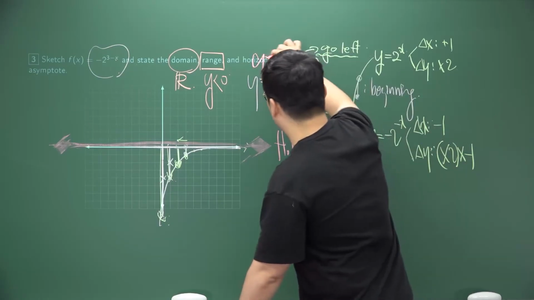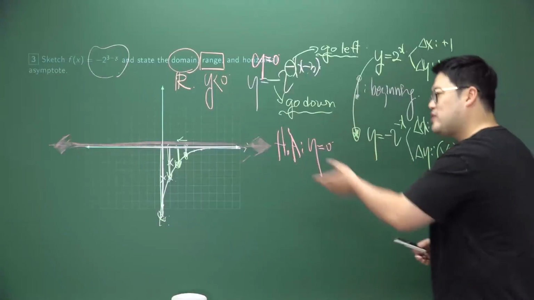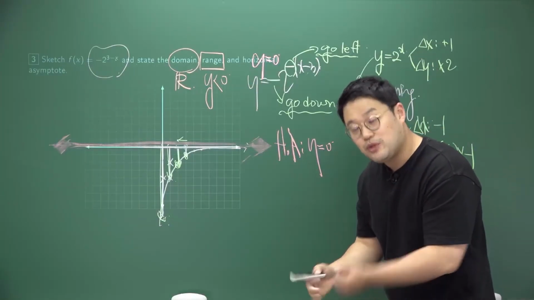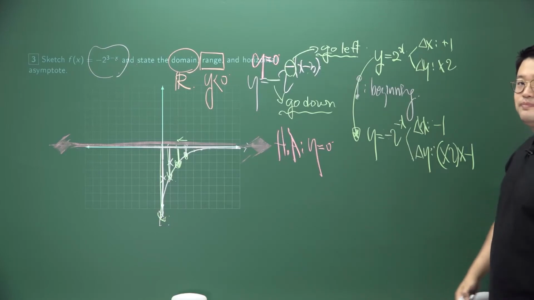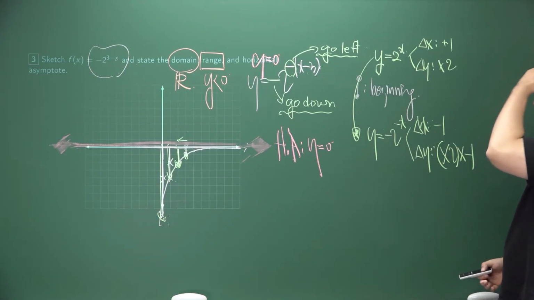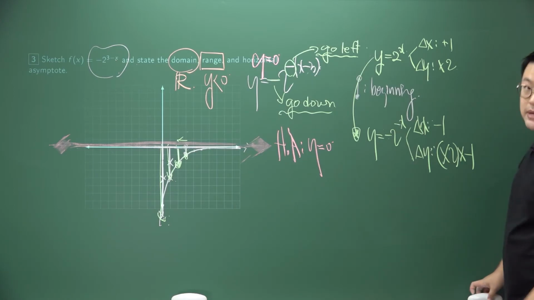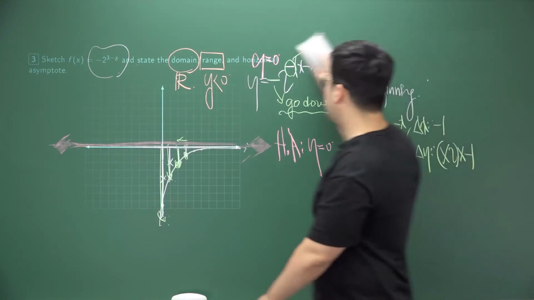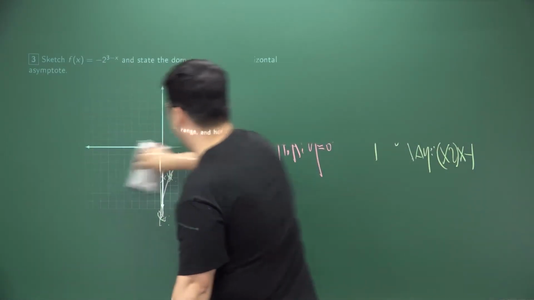And as we have y equals 0, the graph is always going to be smaller than the horizontal asymptote. It's going to be approaching that line, but it's not going to touch, especially in our case. So that being said, I think we're ready to move on to the next question as well.